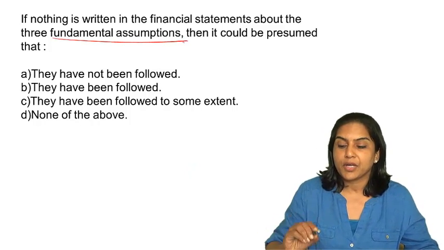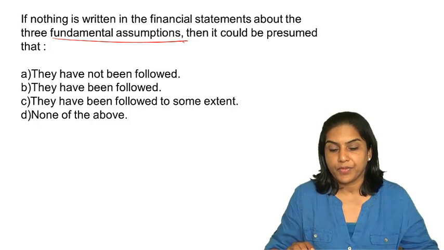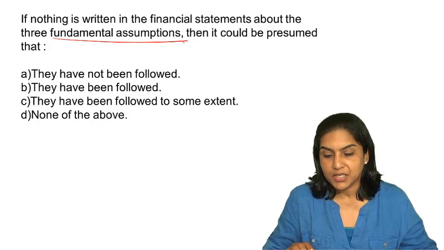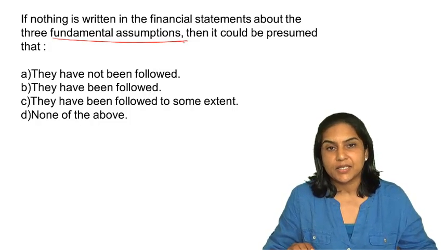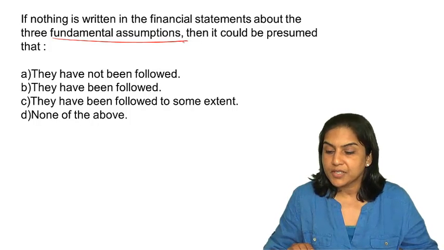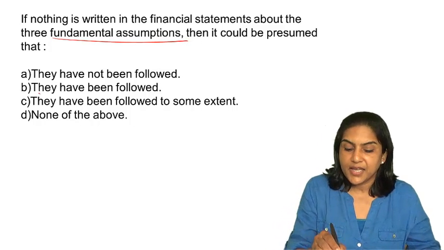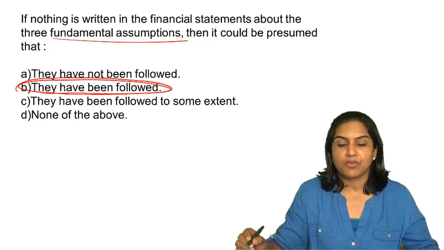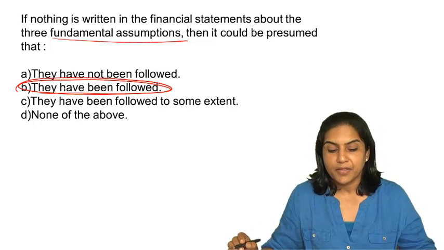The three fundamental accounting assumptions are going concern, consistency, and accrual. So what does it mean? If nothing is written about them, then it means that they have been followed. They must be followed. If they are not followed, you are supposed to disclose it. Therefore, the correct answer should be B.